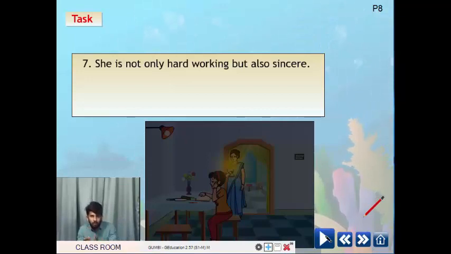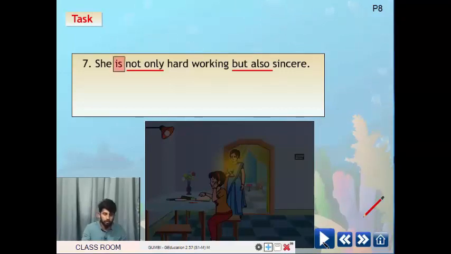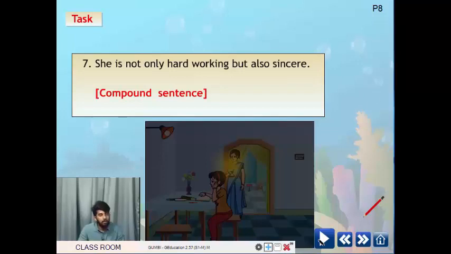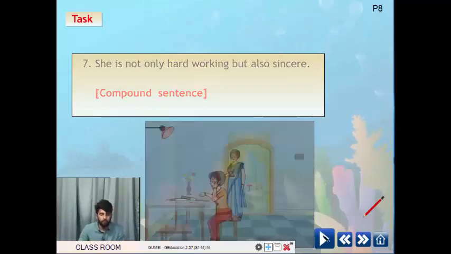So she is not only hard working, she is also sincere. So it's two simple sentences. Two different simple sentences are combined together by using a connector. So this is again a compound sentence.